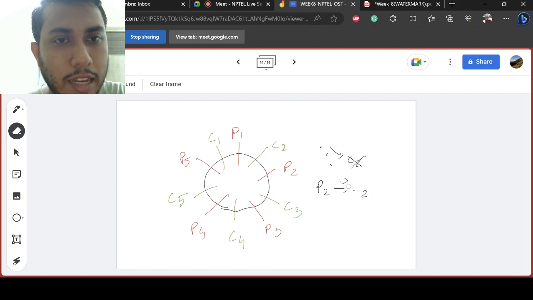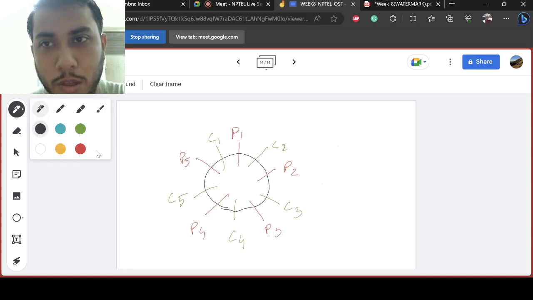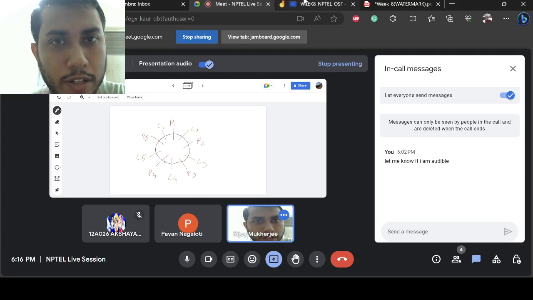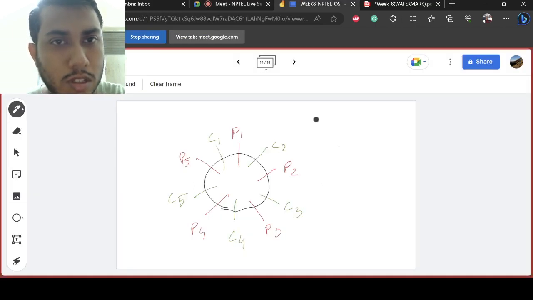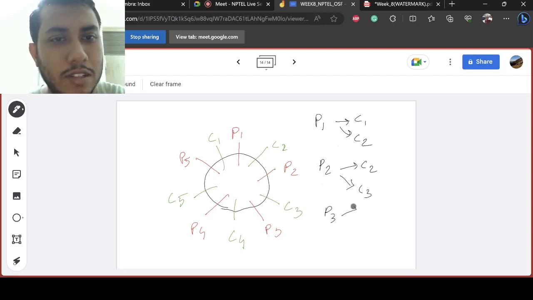So basically you have five processes. P1 requires C1 and C2. P2 requires C2 and C3. P3 requires C3 and C4.